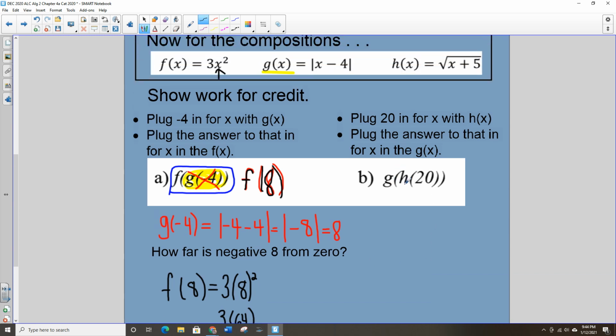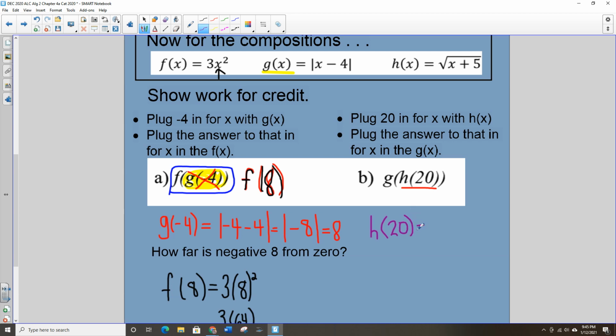This one says g of h of 20. So what are we going to do first, g or h? The correct answer is we're going to do h first. So we're going to find out what h of 20 is. Let's go purple. So we're going to do h of 20. And that means we're going to plug 20 in.